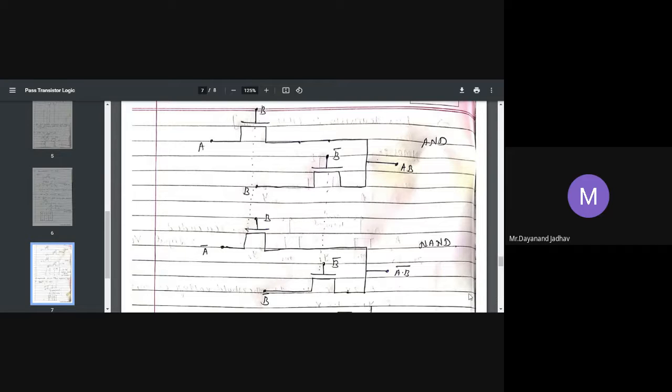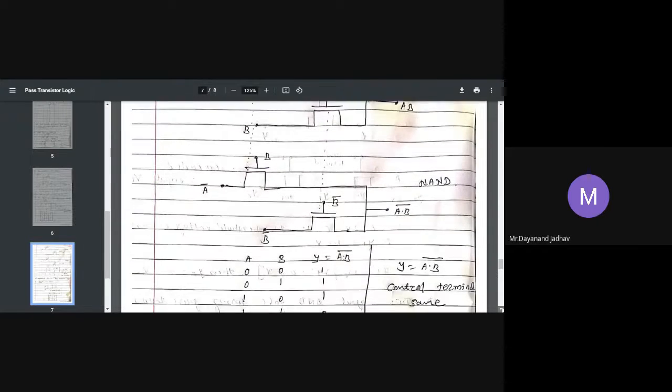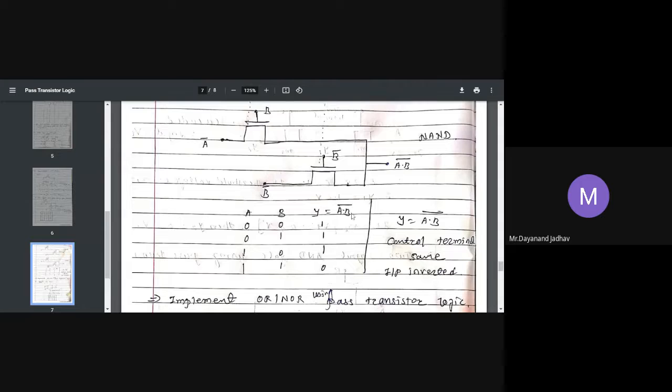Then how do we verify this output? See here, when A is equal to 0, A bar is 1, and B is equal to 0, so B bar is 1. 1 and 1 are applied here. B is 0 for the first case, meaning this is in the off condition.